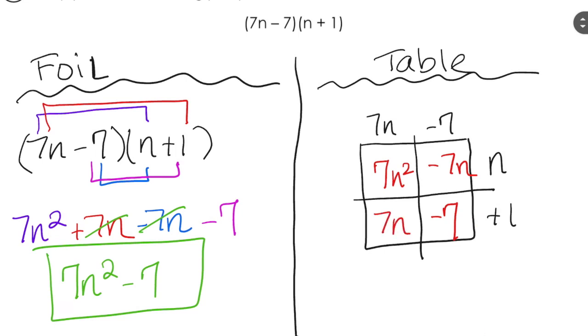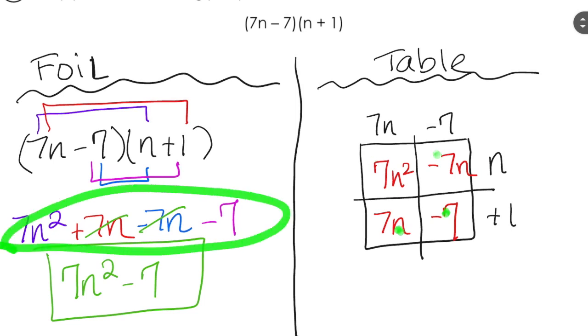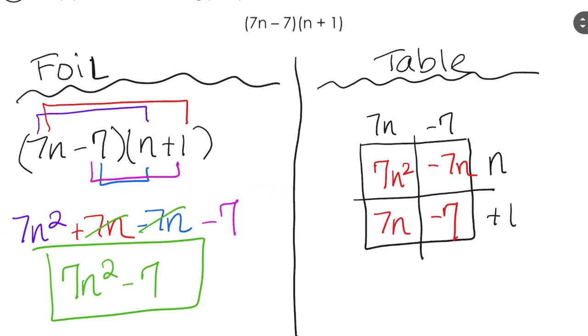So notice again, all the terms that we got here is exactly what was represented in FOIL. Our like terms are going to be on the diagonal. So we just draw some arrows. All right, so starting with that first arrow, there is nothing to combine the 7n squared with, so we leave it.